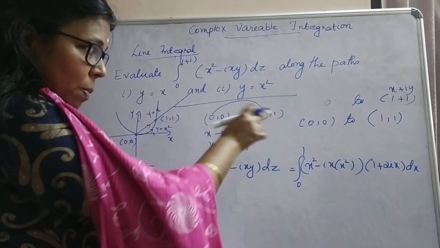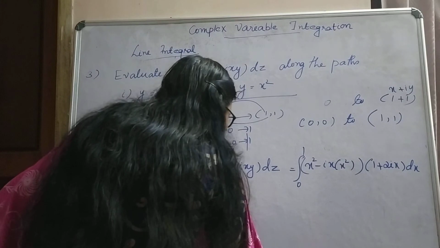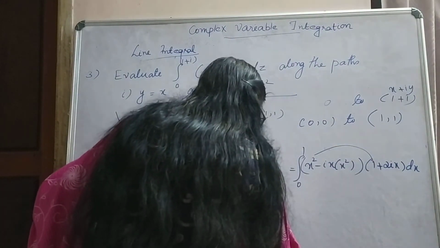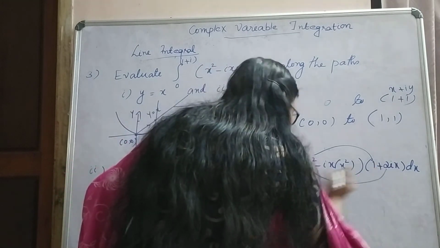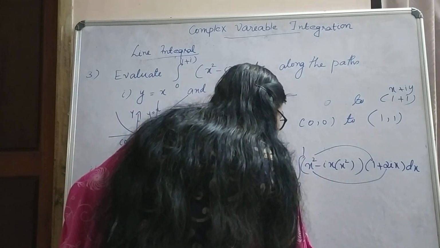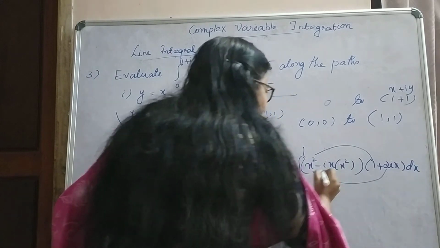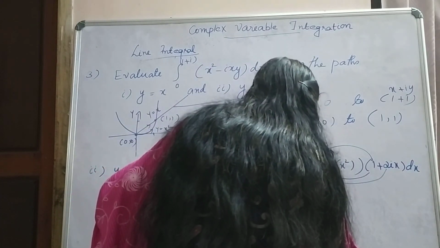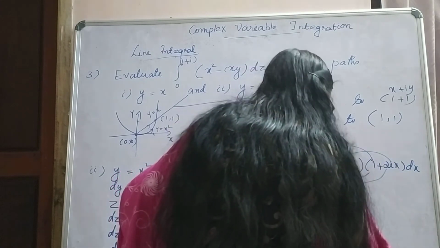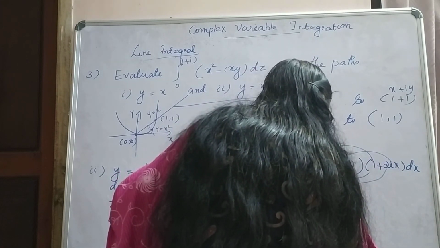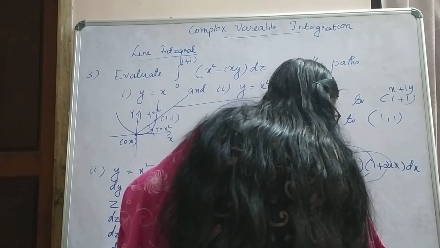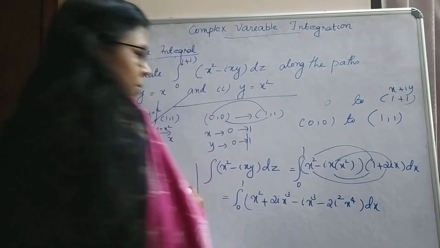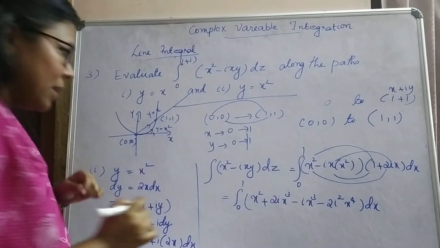Now we have to open this bracket very carefully. Integral 0 to 1, here x square plus 2ix cube minus ix cube, then minus 2i square x raised to 4 dx. i square is minus 1.